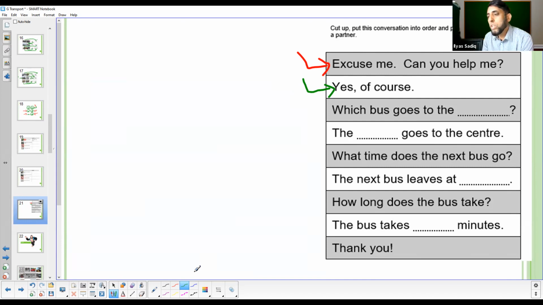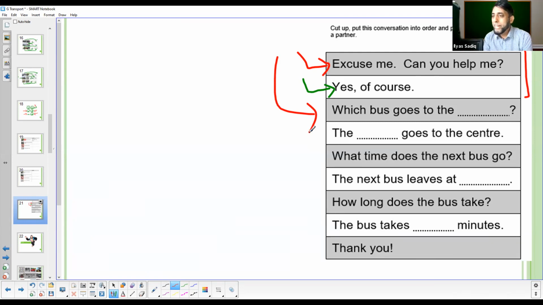So this is when you are standing at the bus stop and you don't know which bus you can take to somewhere where you want to go, and this is how you can ask somebody. These are the manners, how we ask somebody for help. Excuse me, can you help me? So people would like to help you. If you just start with "which bus goes to", nobody would like to help you.